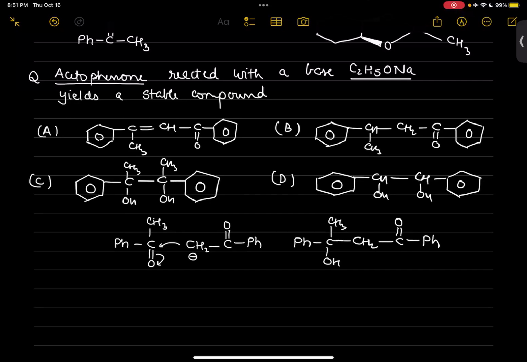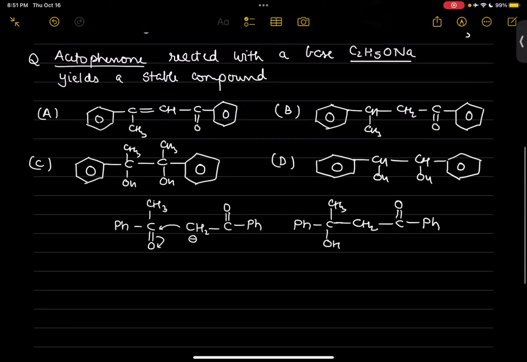Now I told you one more thing. If there is heat or if there is a benzene ring, water can get removed. In the presence of heat. But here the heat may be there, may not be there, because they have not given the complete information. But there are benzene rings. Because of the benzene rings, the formation of the double bond has become easier and the water will be removed.